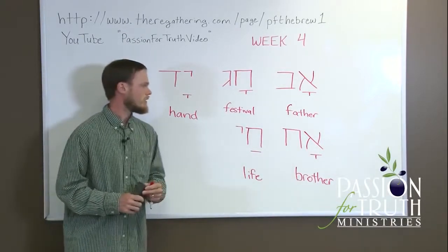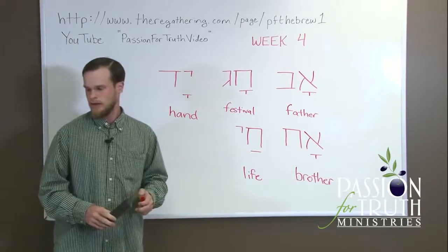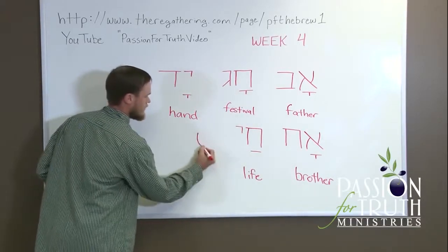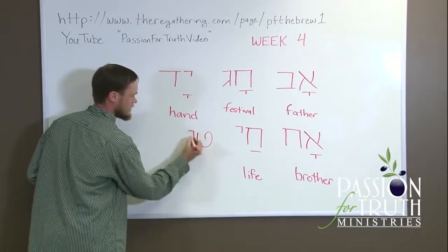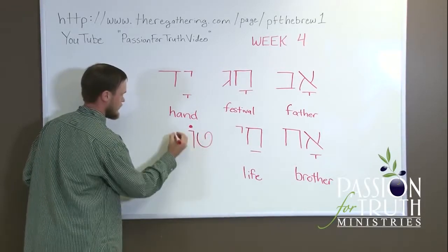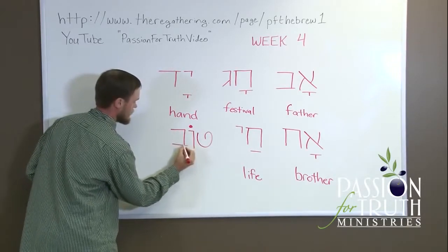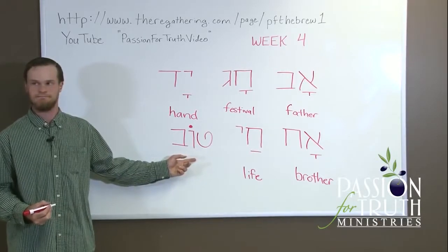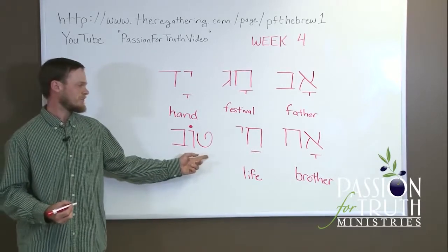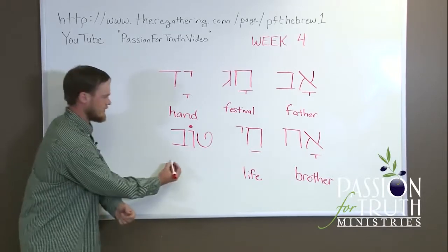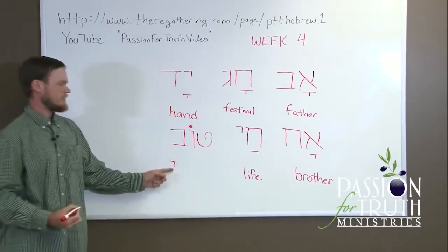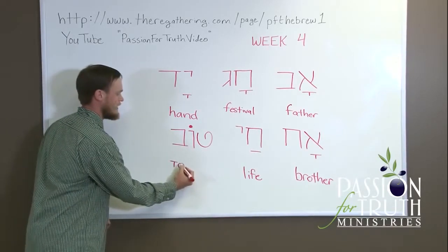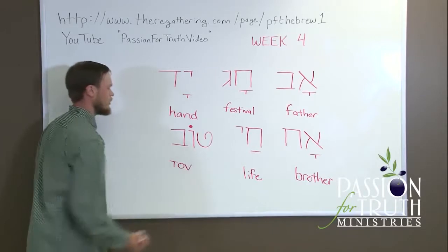I'll go over one more word first. This is a Tet, followed by a Vav with a Cholam, followed by a Beit with no Dagesh. How would we pronounce this? The Tet makes the sound of T. Tov. Cholam is long O. Tov.